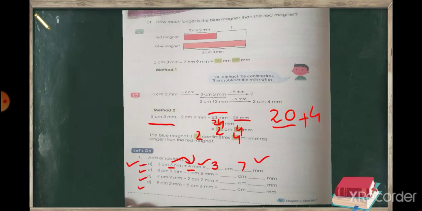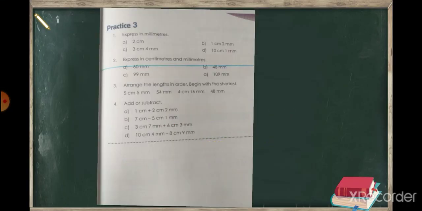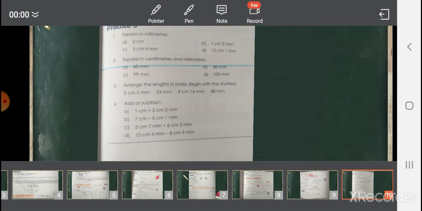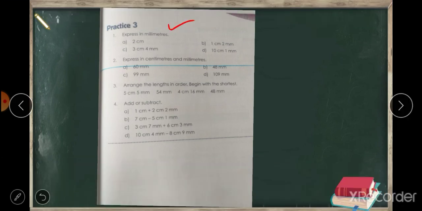Let's go to the next page. Here you have practice 3. So express the length in millimeters. You have to express centimeters into millimeters. The next question is express in centimeters and millimeters.